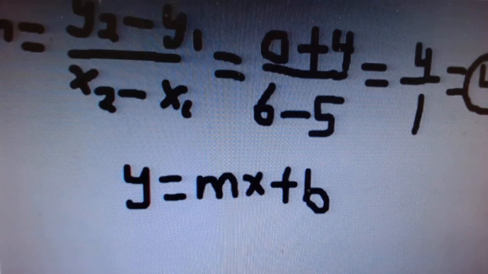I now can take the slope of 4 and place it in the slope-intercept formula of y equals mx plus b.